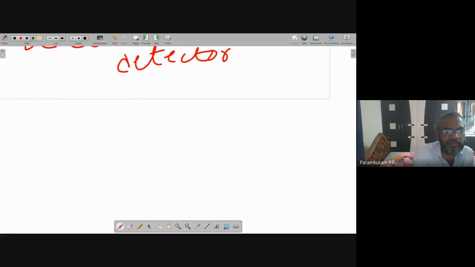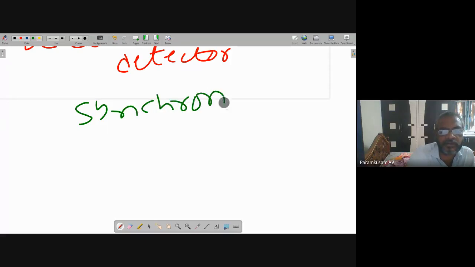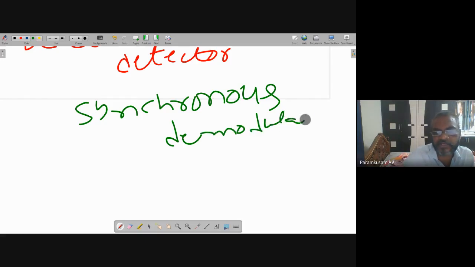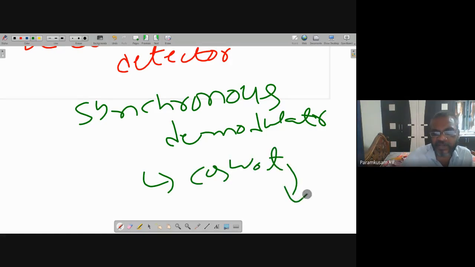In synchronous demodulator, you have to extract again cos omega naught t at the receiver, and this cos omega naught t is multiplied with received binary signal.